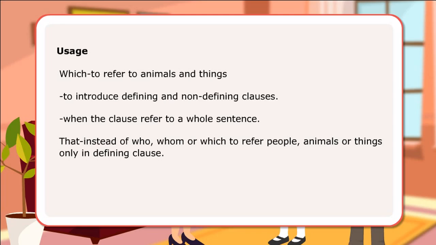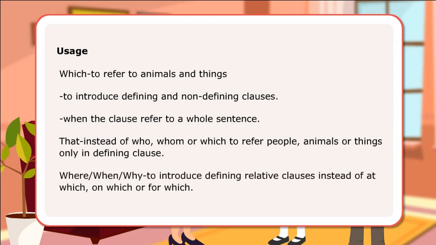That, instead of who, whom, or which, to refer to people, animals or things only in defining clauses. Where, when, why to introduce defining relative clauses instead of at which, on which, or for which.